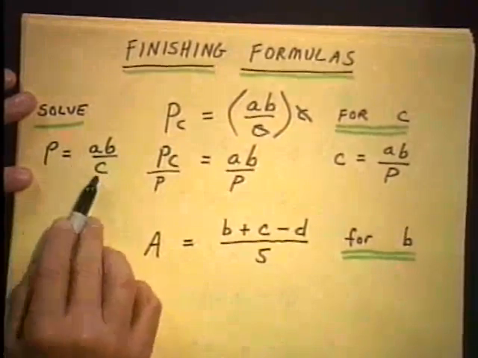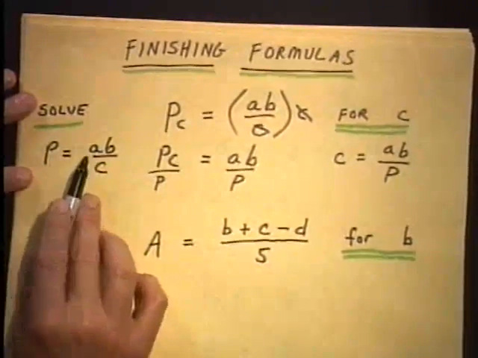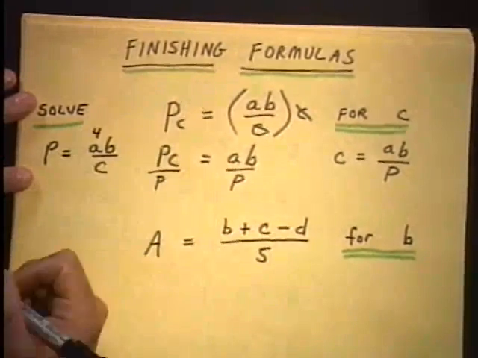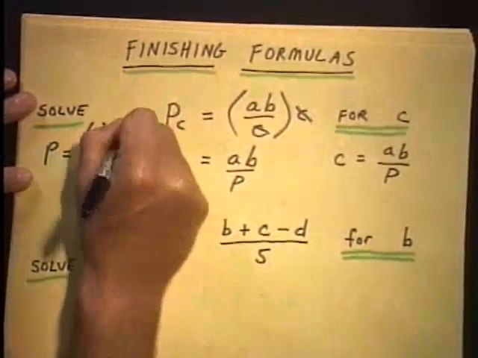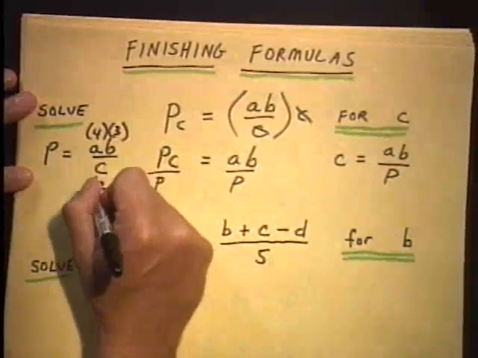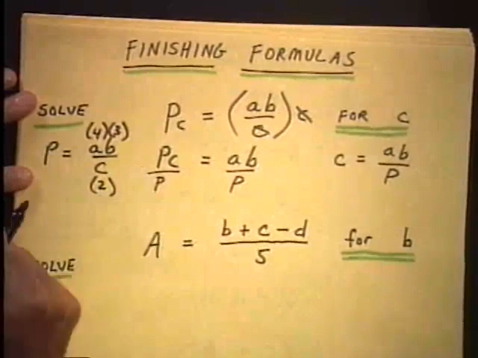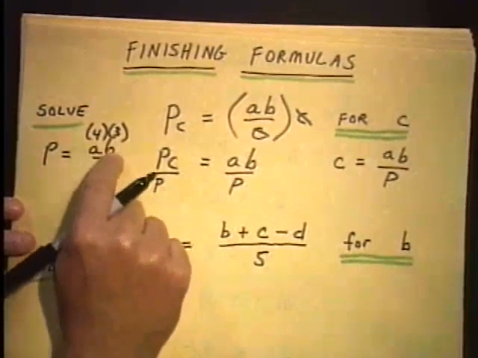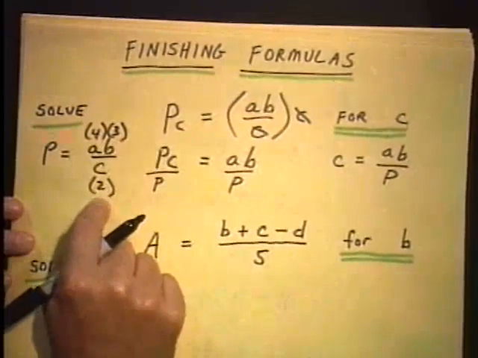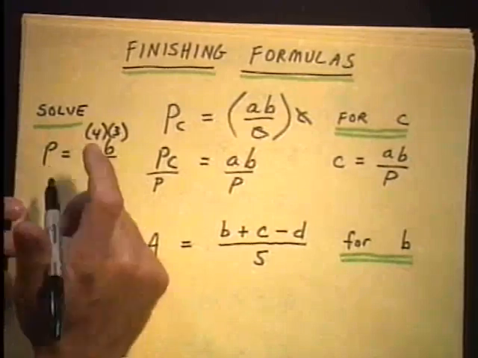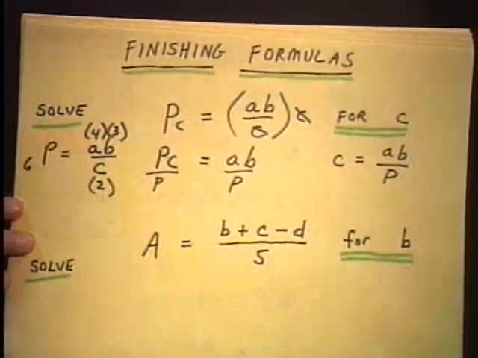So why don't we let A be the number 4, and we'll let B be the number 3, and then C will be the number 2. So we can actually check these formulas and make sure they make sense. 4 times 3 multiplying would be 12 divided by 2. So substituting these numbers in for A, B, and C, P will come out to be 6 over here.